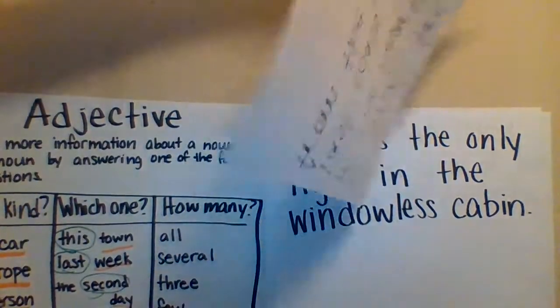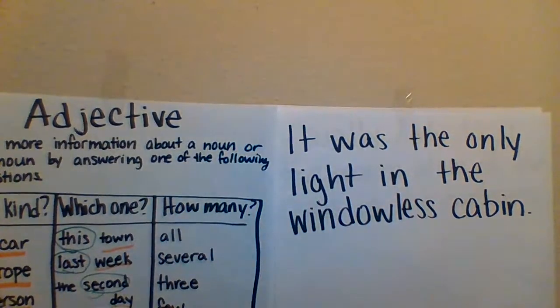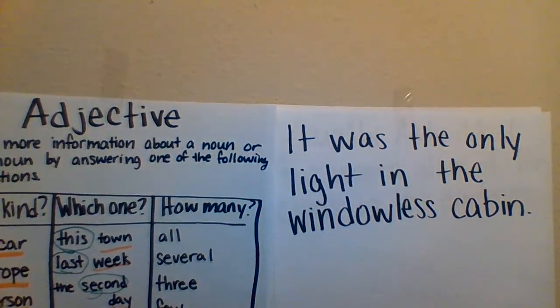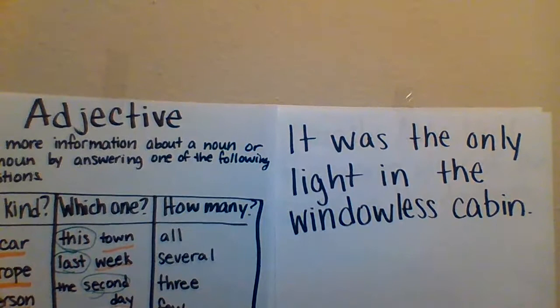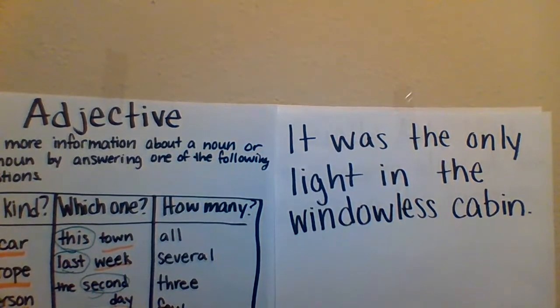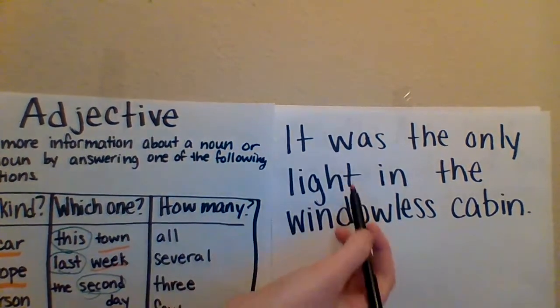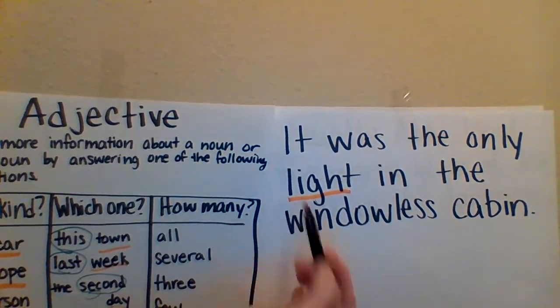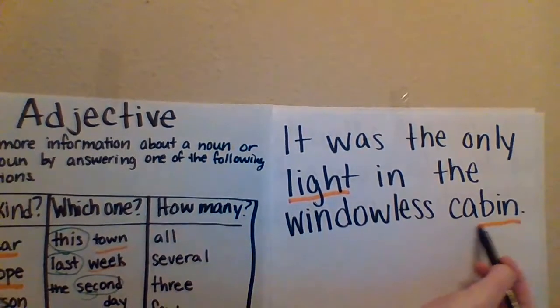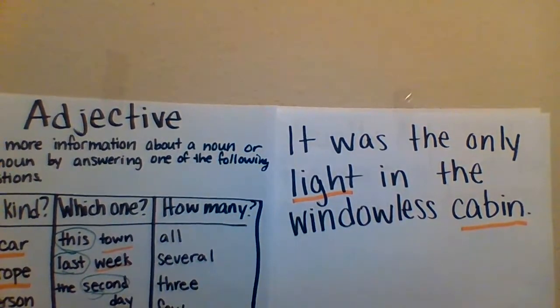Okay, so then I went on to the next sentence. And it says, it was the only light in the windowless cabin. The first noun, again, I'm going to underline the nouns because that helps me out, is light and then cabin. Now look around those words and see if you see any adjectives.